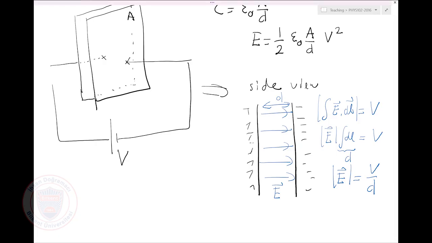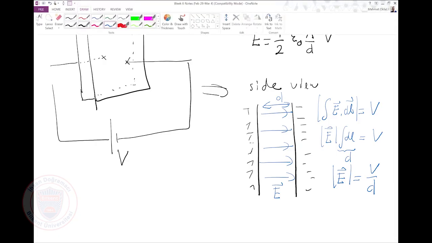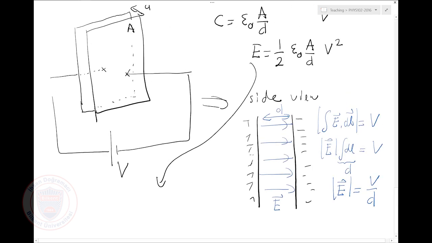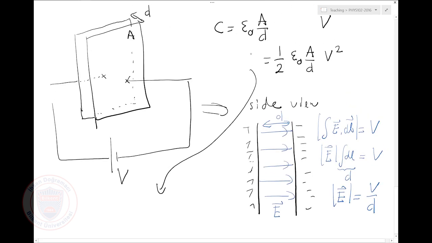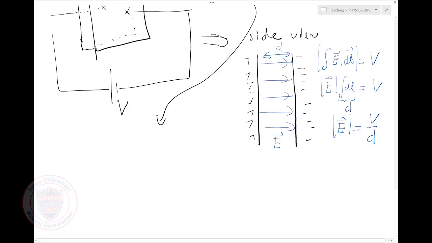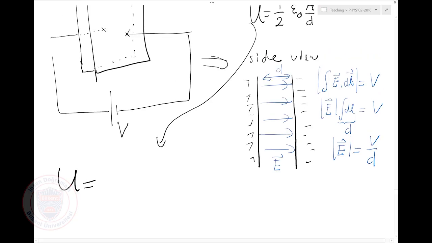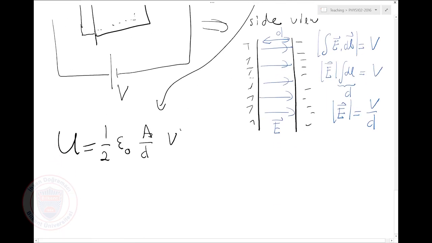Now let me come back to this formula. And this is stored energy, so maybe I shouldn't call it E, I'll call it U now. I keep changing the notation today. U is 1/2 epsilon 0 A over D times V square.